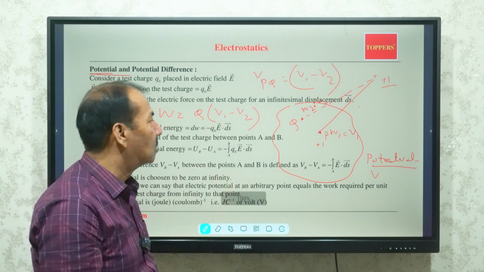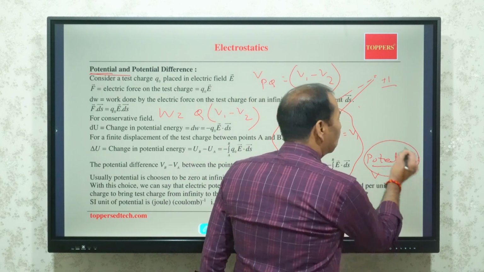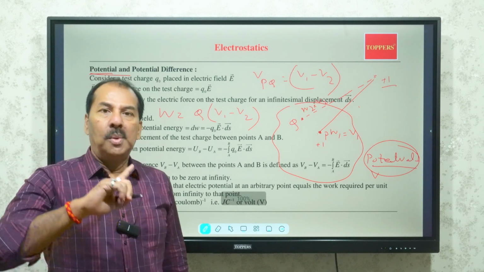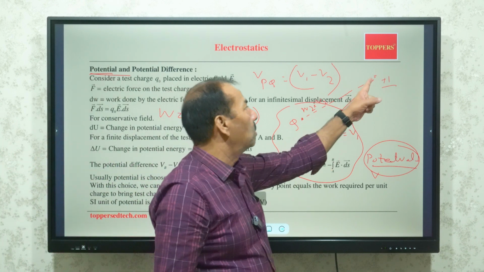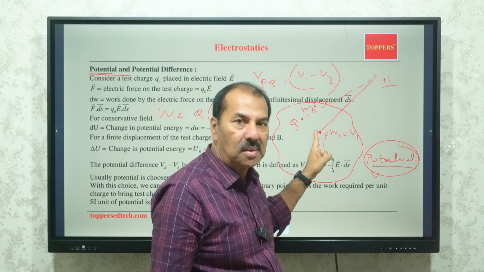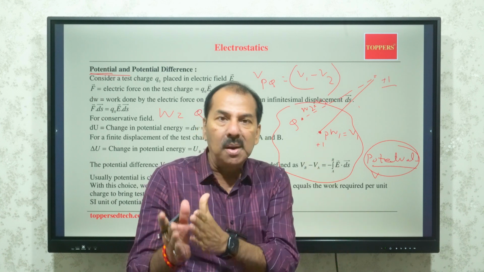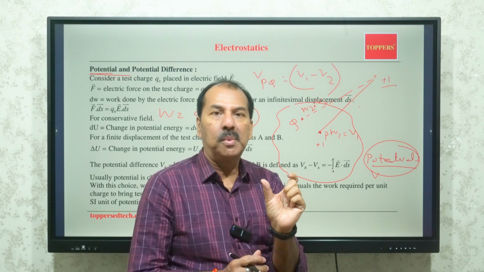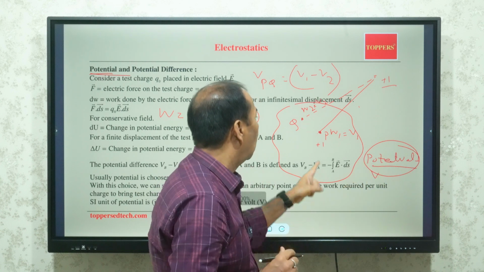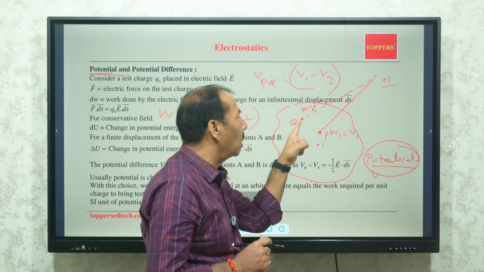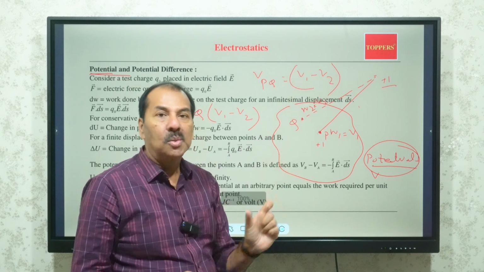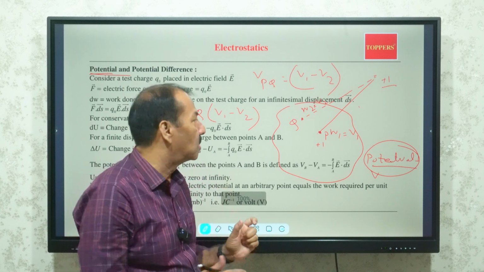Now let us come back to this. We use the word potential when we compare the work done with respect to a point at infinity. One point is at infinity, another point is in this electric field region. When we compare work done from infinity to one point, that work done is termed as potential, because the other point has zero potential. But when we consider work done from one point to another point, and we get V1 minus V2 or V2 minus V1, that is termed as potential difference.